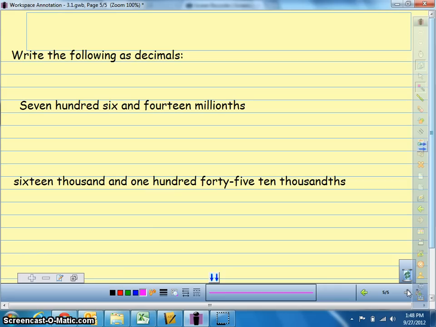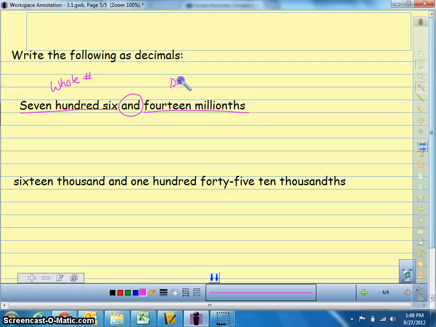So now how would we turn it and go the other way? We've got some numbers written out in words, and we need to put them as decimals. So again, we need to separate that whole number part and the decimal part and go from there. We have 706 and 14 millionths. So this is my whole number.